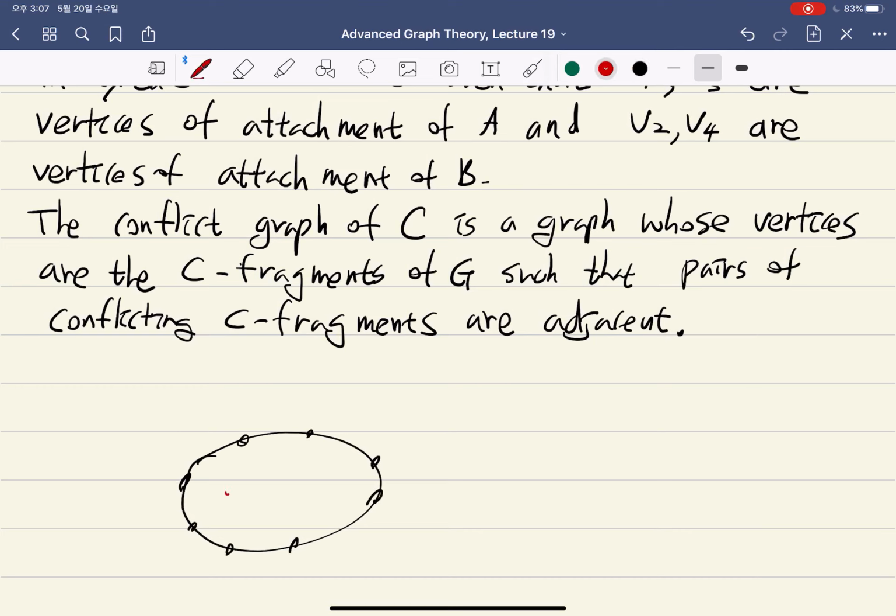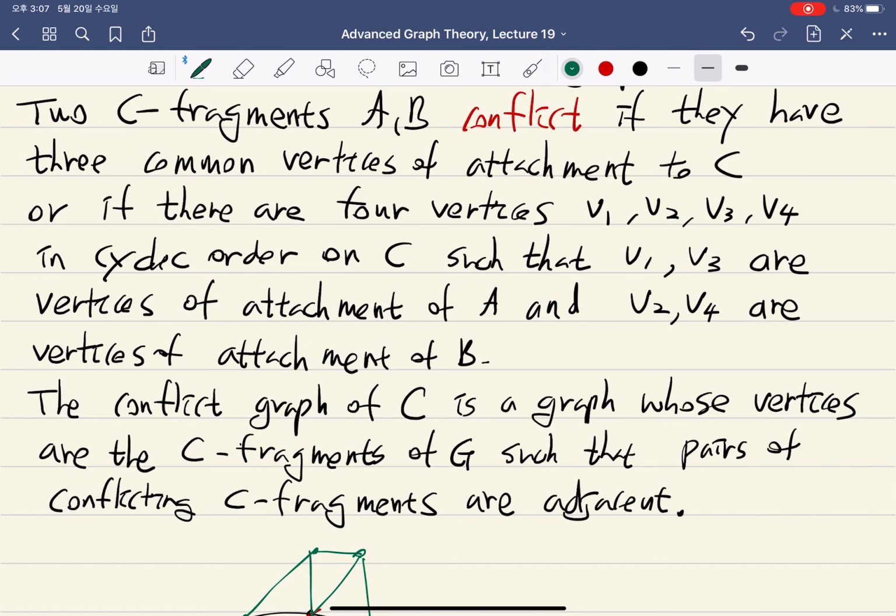And if we have this, then they conflict, because in that case we cannot draw both of them inside the face or both of them outside the face, so they conflict.